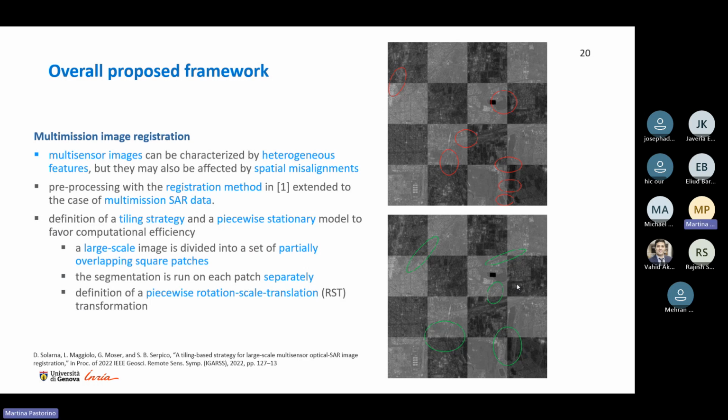It was built for optical to SAR image registration, but it can be extended to multimission SAR data, as we did in this case. Basically, you define a tiling strategy, because it is applied to large scale images. Then you have a piecewise stationary model to favor computational efficiency, and you apply piecewise rotation scale translation transformation in order to find the right geometry.